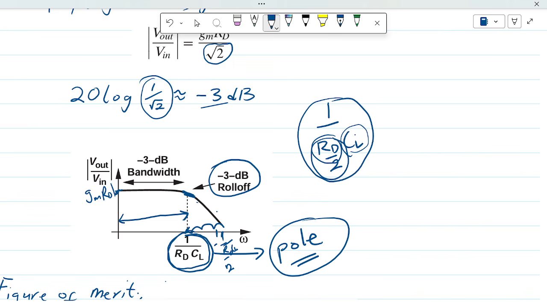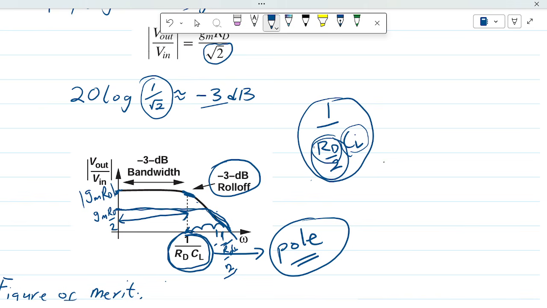This is the magnitude of the gain. So in an attempt to get more bandwidth by reducing RD, the gain too will be halved. So the new gain becomes GM RD over 2, and our frequency response will look something like this.